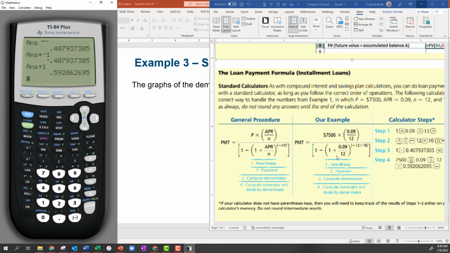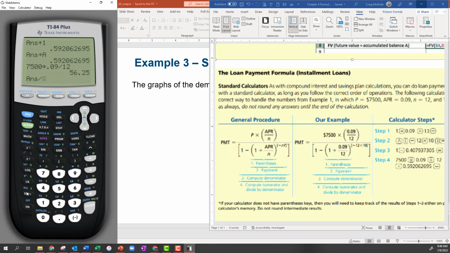So there's my 1 minus it. So now I've done all of this stuff. And now it's just a matter of the top being divided by that, right? So this is where it gets tricky, because the only way to work with this is you have to store it now. And then you're going to have to do the top number, 7,500 times 0.09 divided by 12 equals, there's that, and then you would divide that by, and then you have to recall it.